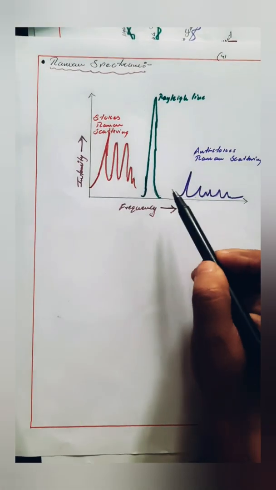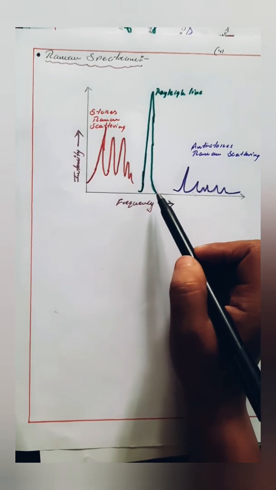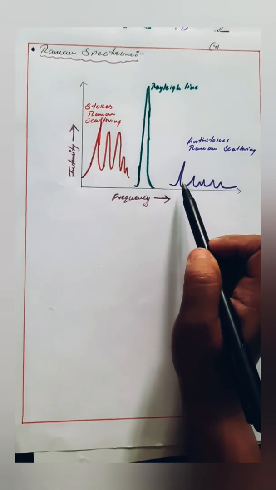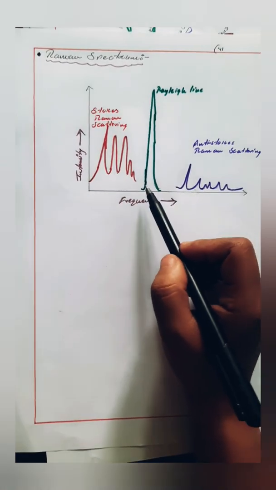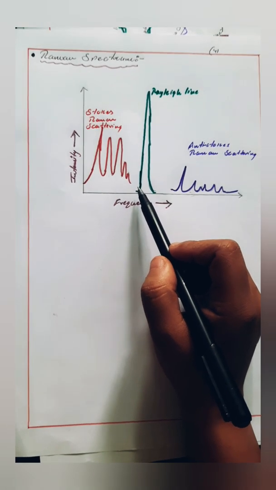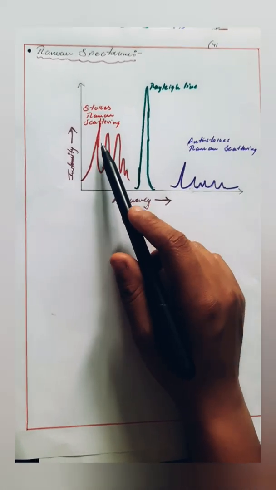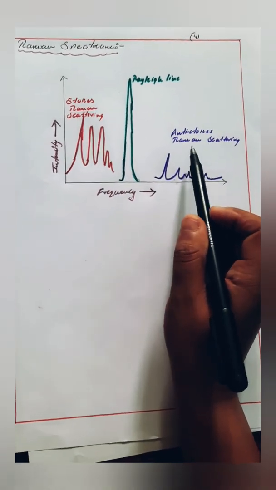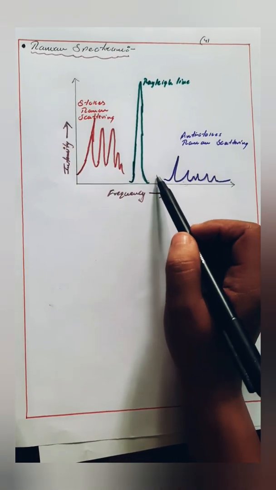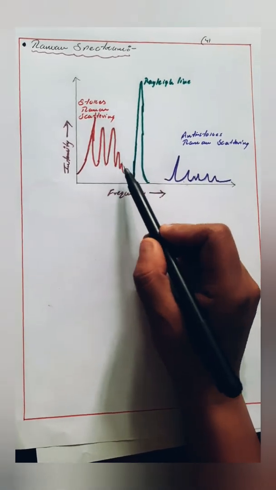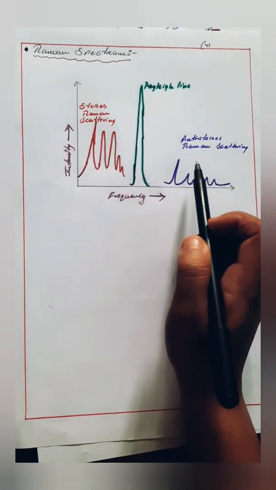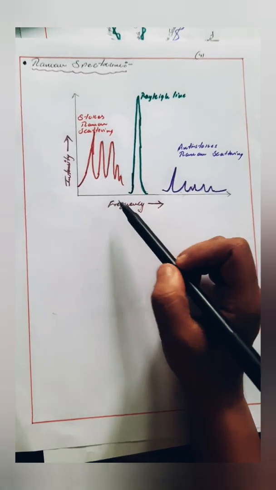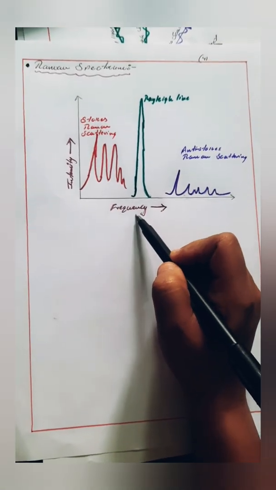I was talking about the intensity of these three scattered rays. As I've already told, the intensity of Stokes Raman scattering is greater than that of anti-Stokes Raman scattering. In this graph, this is the intensity versus frequency graph.